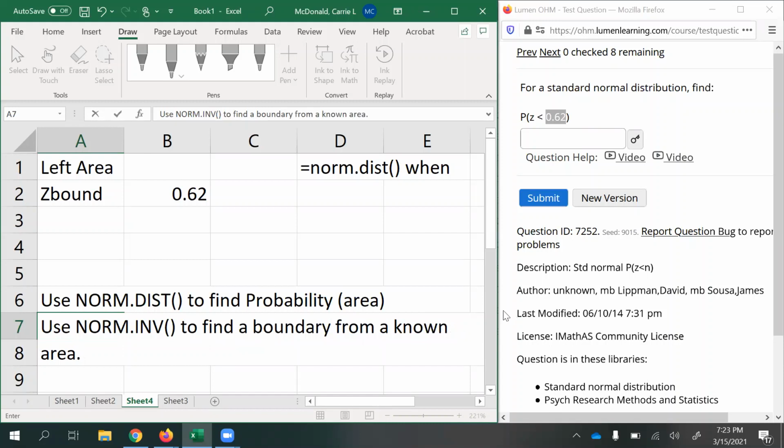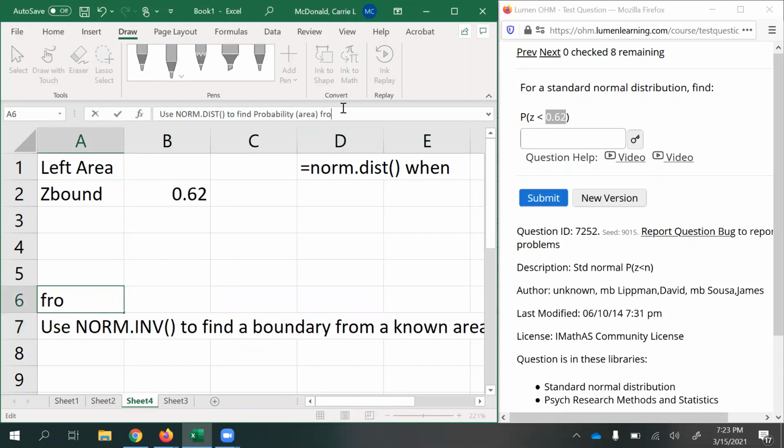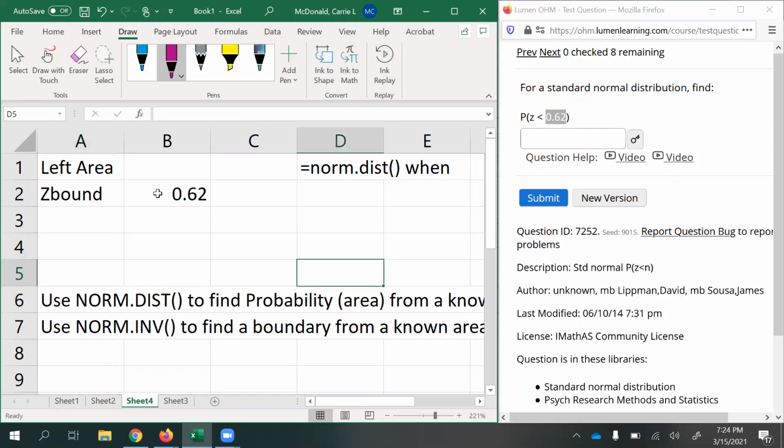Okay, so when you're finding a probability, it's from a known boundary. So in this case, the known boundary was 0.62, and we were looking for probability, and I could tell because this reads P of, probability of z being less than this boundary.